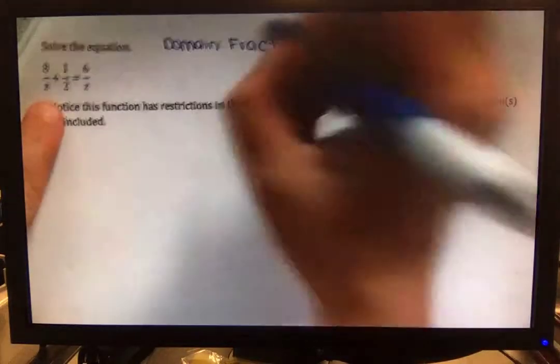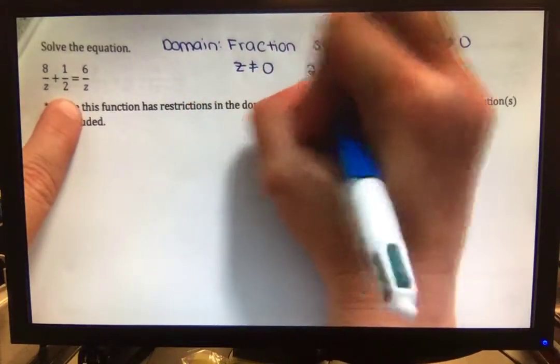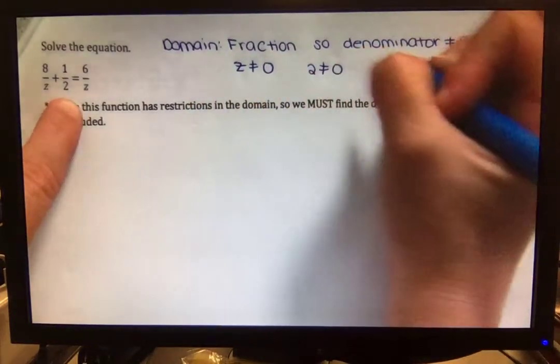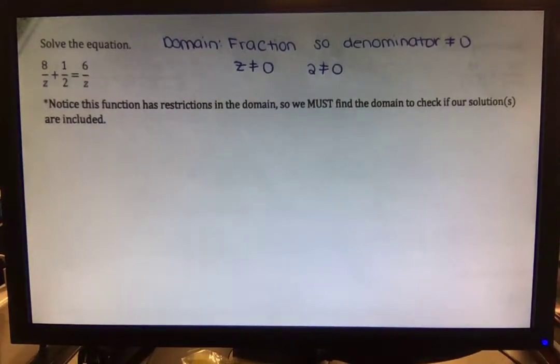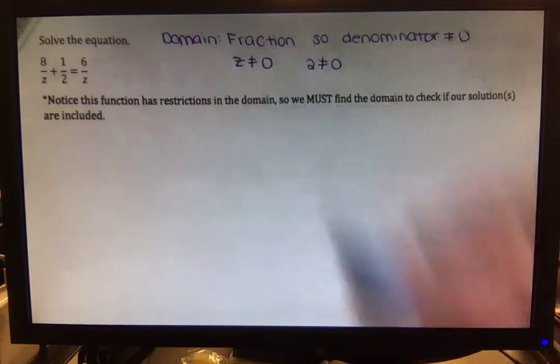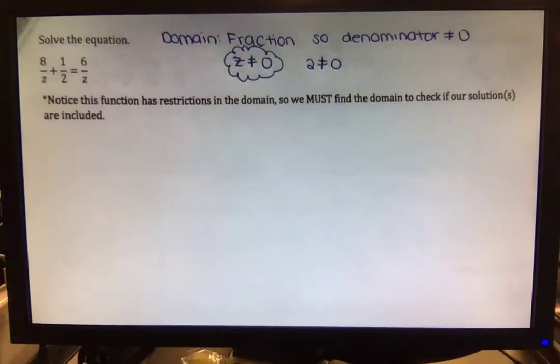So z is a denominator, so z cannot equal 0. 2 is a denominator, so 2 cannot equal 0. Z is already here, so I don't have to write it twice. So z cannot equal 0. That's already solved for us. So that one's good to go.